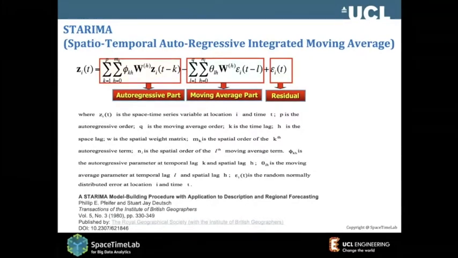If you look at this formula here, this is from a quite famous paper by Pfeifer and Deutsch, which was almost 40 years ago. So it's a long time.